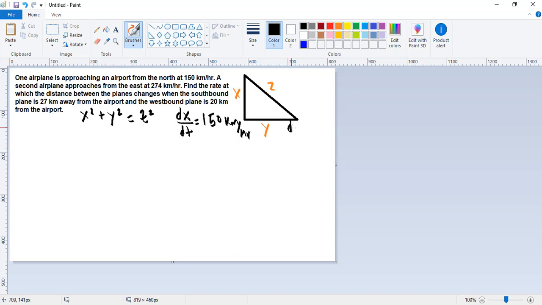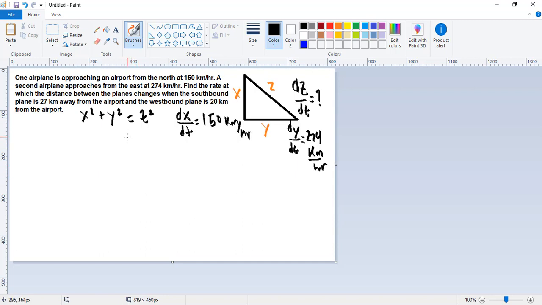So we have dy dt is equal to 274. And let me just try to squeeze in the units. Okay, but the thing that we don't know is what the rate of change between the planes is. So that means that we don't know what dz dt is, and that's exactly what we're looking for.